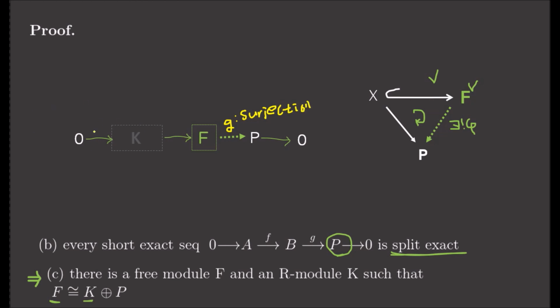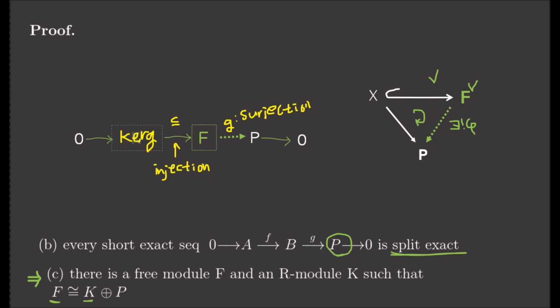And the answer is the kernel of G. The kernel of G is a subset of F. We know, check this, the kernel of G is a subset of F. Then we can construct an injection map, and this is a surjection map.